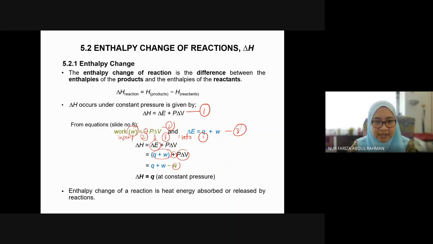So we transfer the negative to this side, then it is equal to PV. So now it becomes negative work. Okay, alright. So W minus W, we are left with Q only. So this is how we prove it, that the enthalpy change for a reaction, we don't use E because E supposedly includes work done by the system, work done by the chemical reaction.